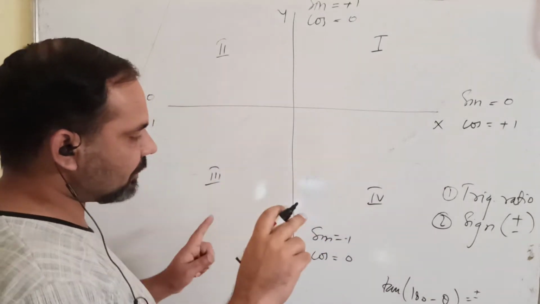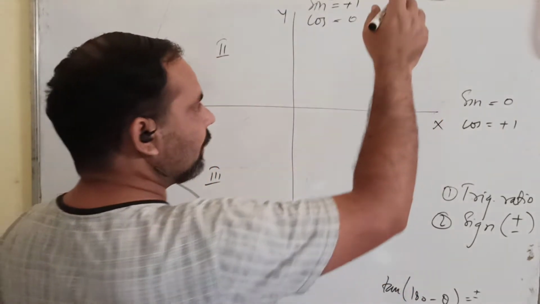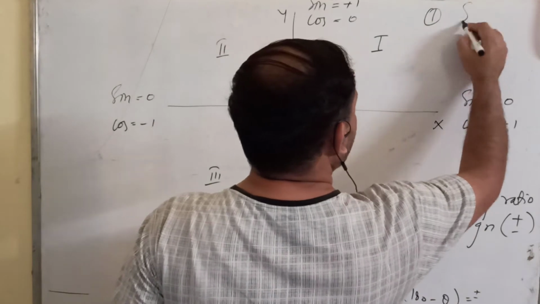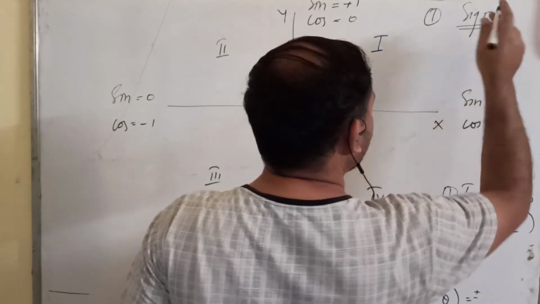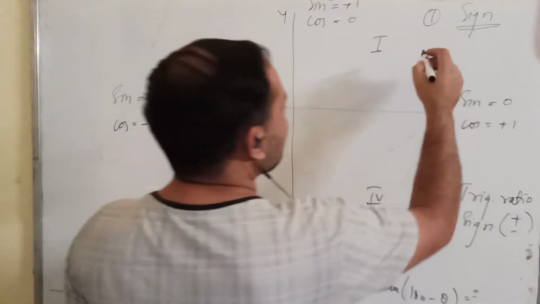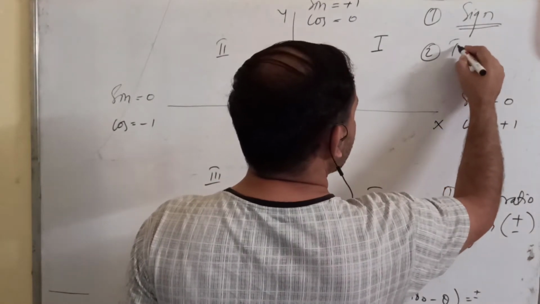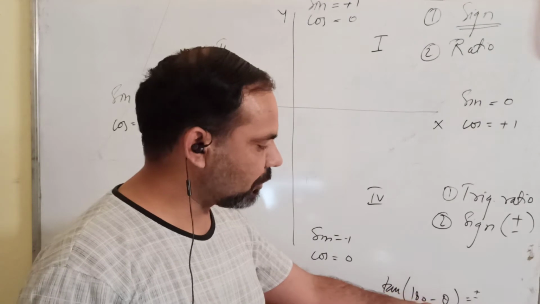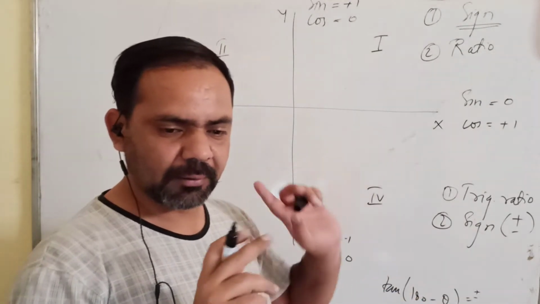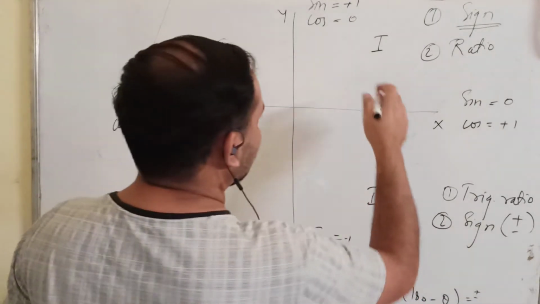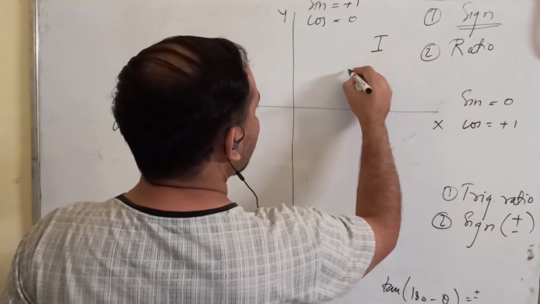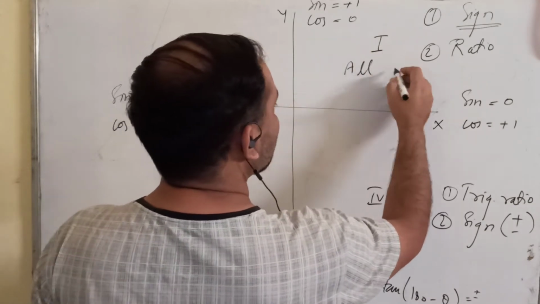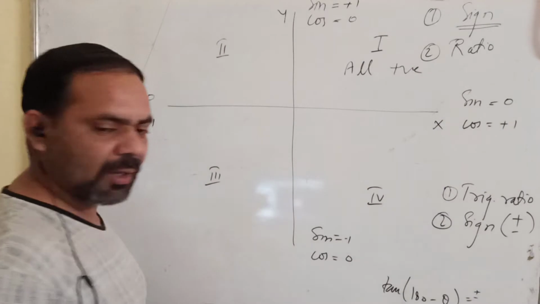So the first rule is, first of all you will write the sign. You will have to mention the sign. And the second rule is, you will write the ratio. Means when you are writing the answer, first you will check the sign and then you will check the ratio. Now the sign will be like this: in the first quadrant all trigonometric ratios are positive.